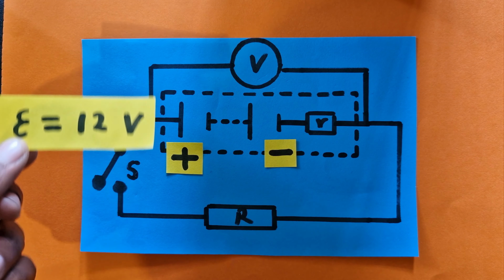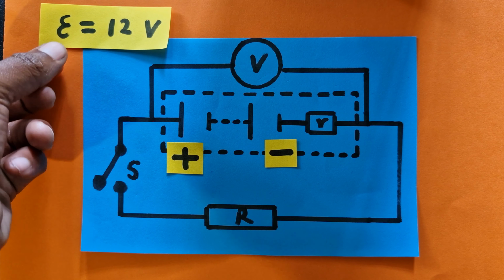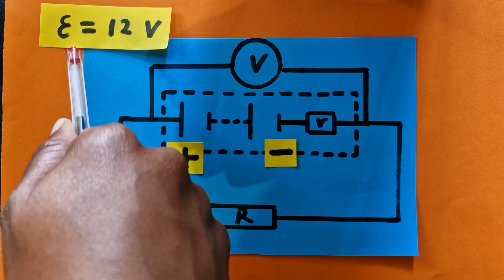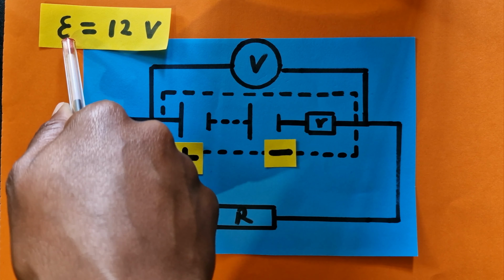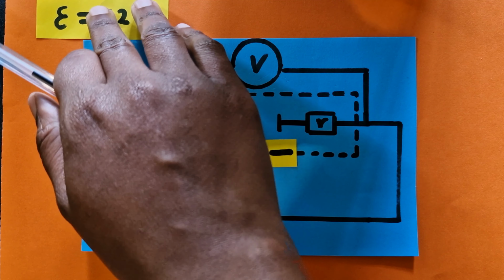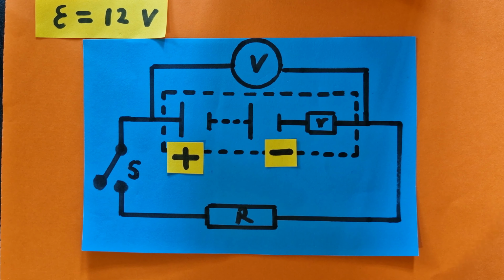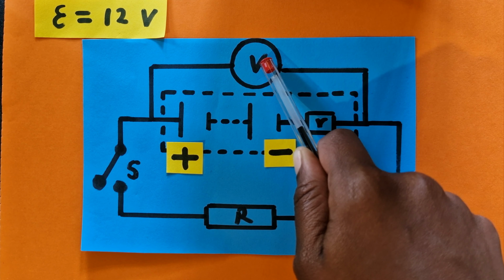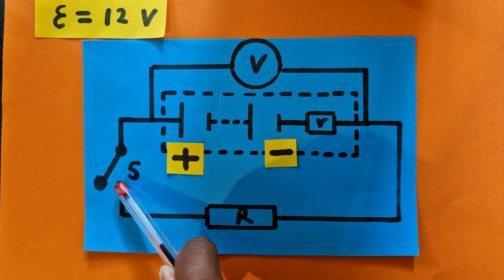We are told that the battery has an EMF of 12 volts. So the EMF is represented by this Greek letter epsilon, a funny looking E, and we are told it is 12 volts, right?